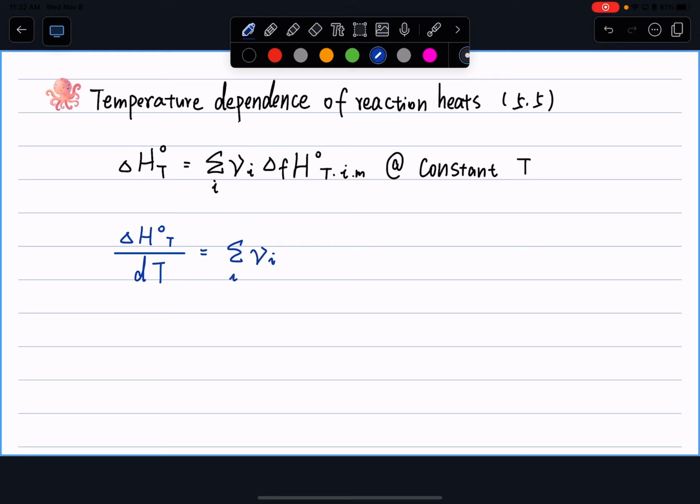Your coefficient is independent from temperature, so we don't care about it in the derivative. And you have dH naught dT. Wait, this one should be delta H naught.